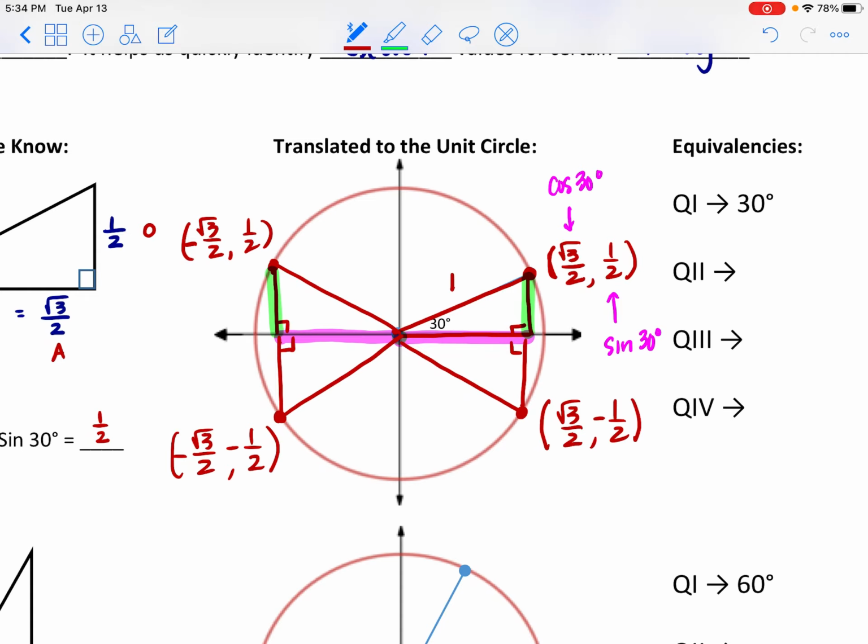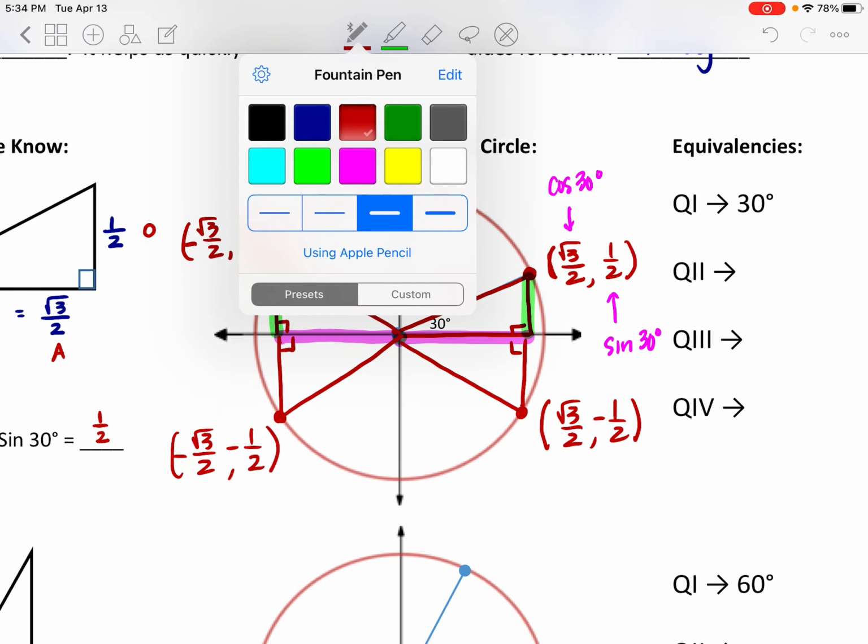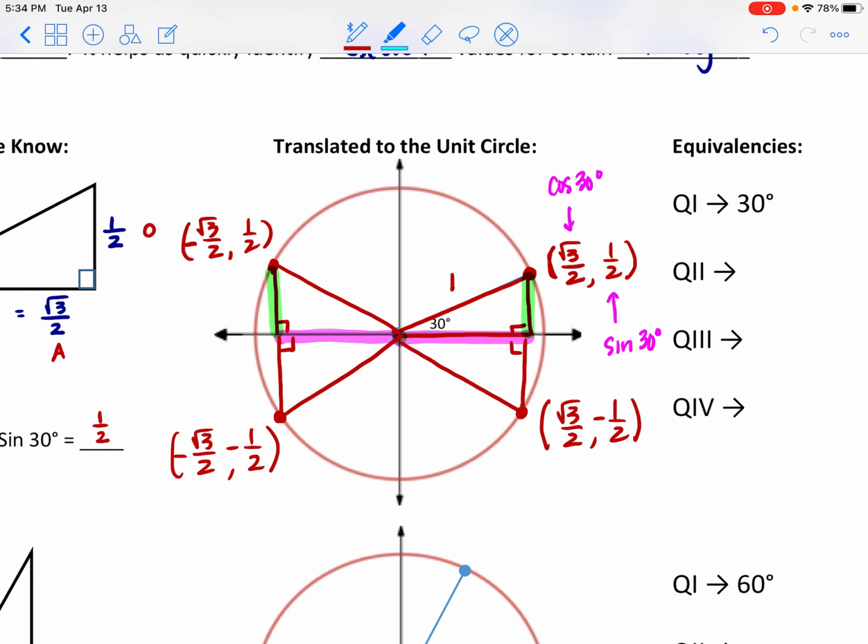So if I translate these triangles over, I can see the symmetry happening, the same thing happening in every quadrant, the same triangle happening in every quadrant. But these triangles correspond with different angles. So this triangle, let me see if I can get a good color for you to see it. This angle here was 30 degrees, right? This angle here would be how much?